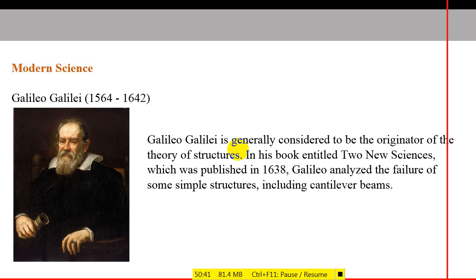In his book Two New Sciences, published in 1638, Galileo analyzed the failure of some simple structures, including cantilever beams. So he tried to scientifically interpret how and why a building is failing.